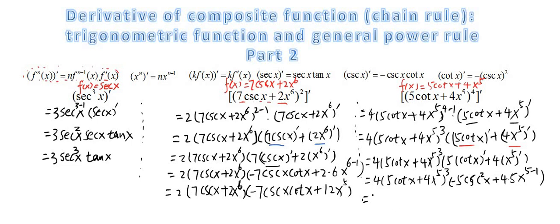We can copy the terms and simplify it. 4 times 5 cotangent x plus 4x to the power 5, cubed, times negative 5 cosecant x squared, plus 4 times 5 equals 20 x to the power 4. Okay.